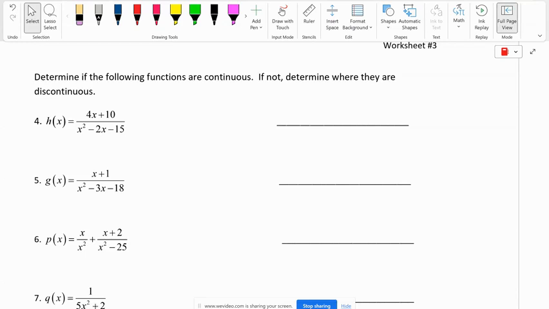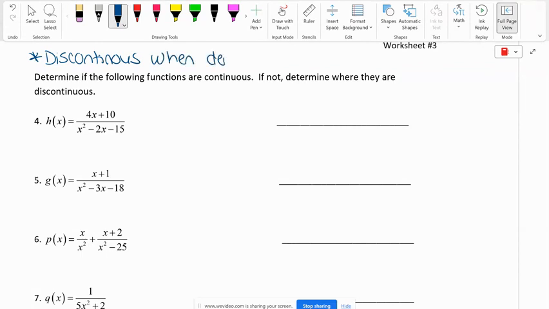So what we want to do is, we'll write this down: discontinuous when denominator equals 0.